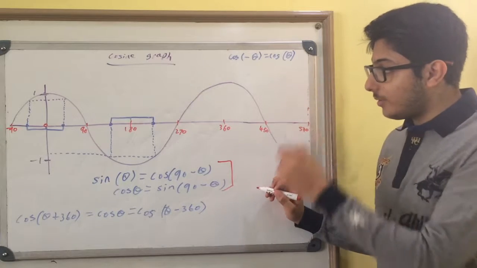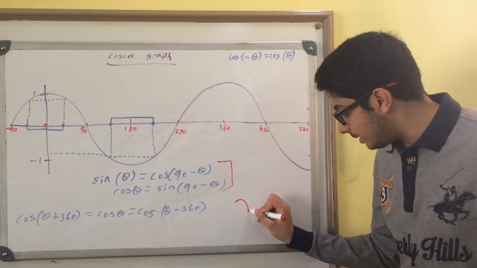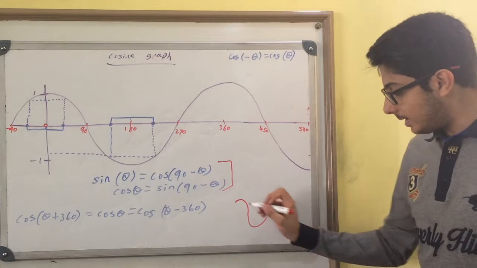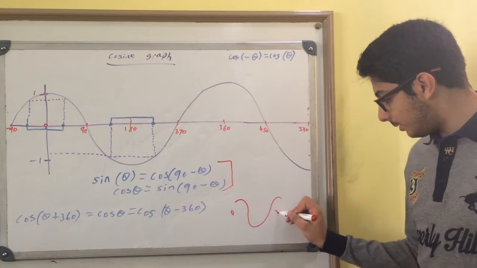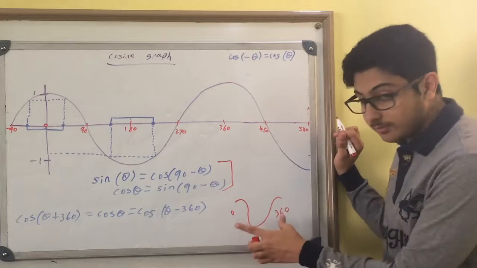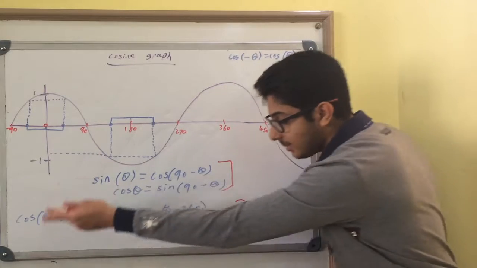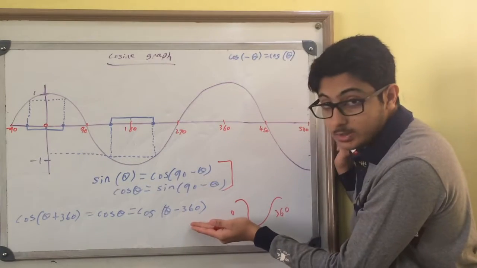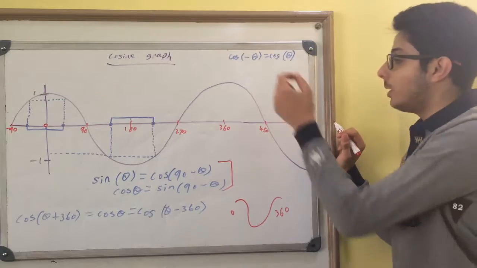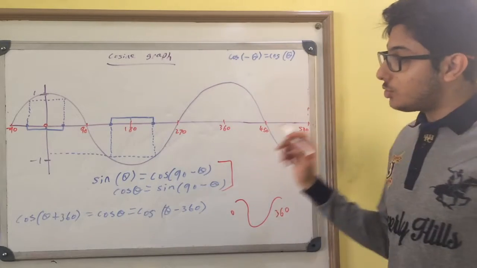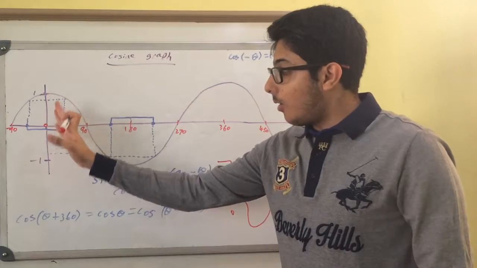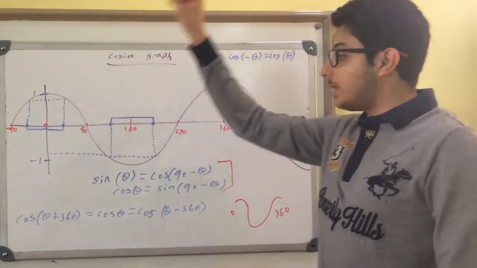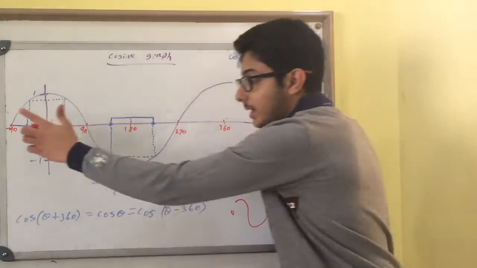It repeats every 360 degrees. Repeats this period, from 0 to 360. Repeats this every 360 degrees, so we have the same identity as the sine one I showed you earlier. Also, we have symmetry on the negative x-axis and the positive x-axis.